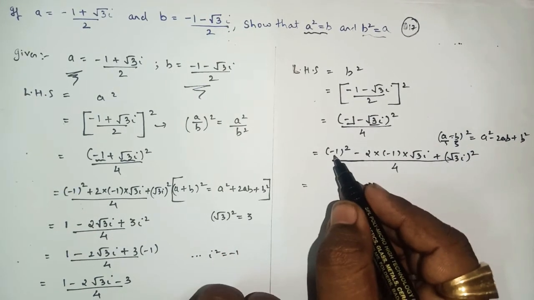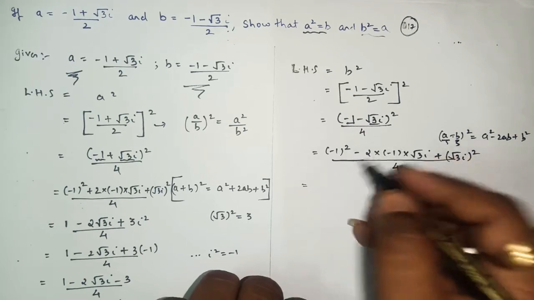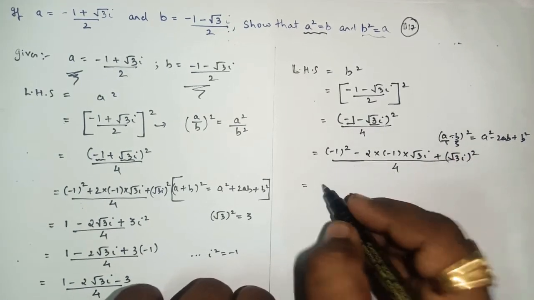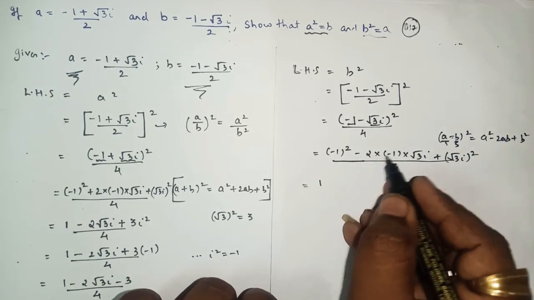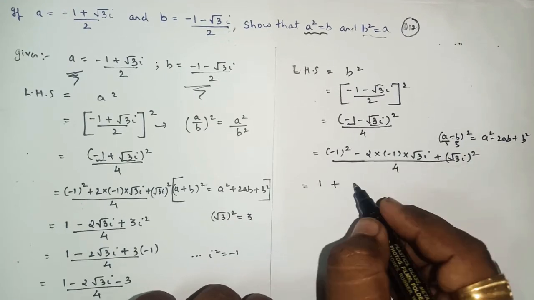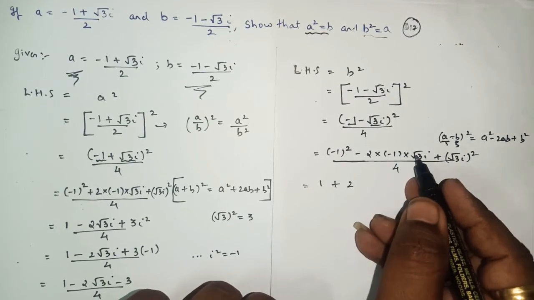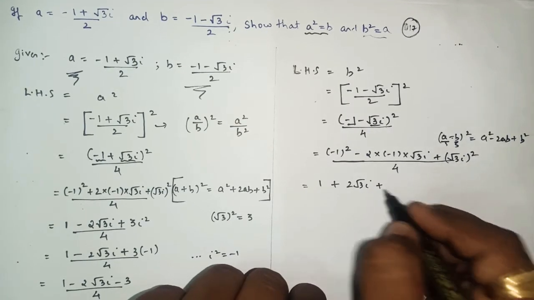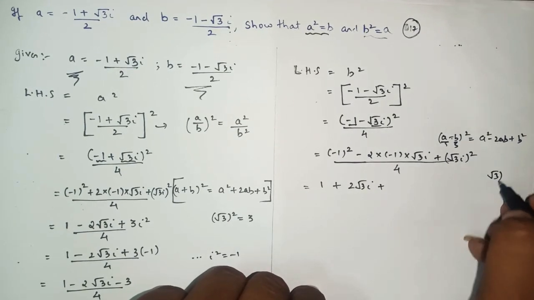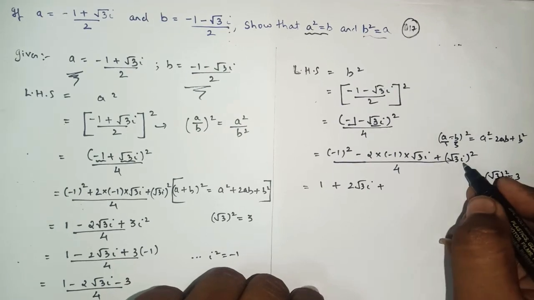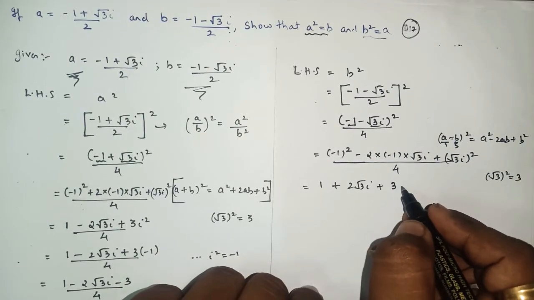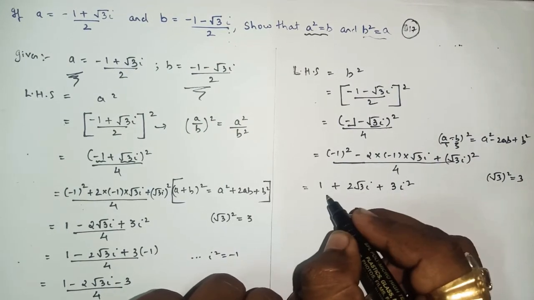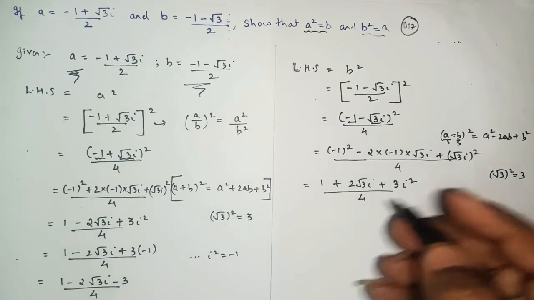After this we know that minus square is what? Plus, so 1 square is 1, plus minus minus is what? Plus, so this we can add as 2, 2 root 3i, yes or no, plus we know that root 3 square is 3, and i square, so this we can write as 3 i square upon 4.